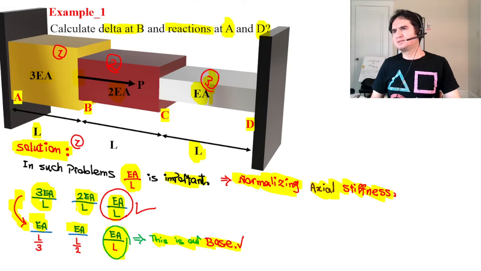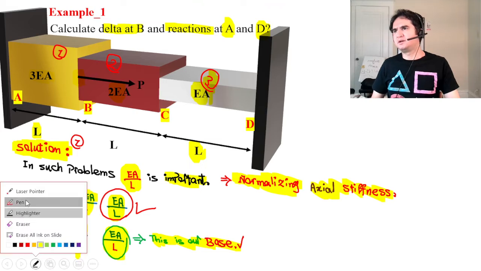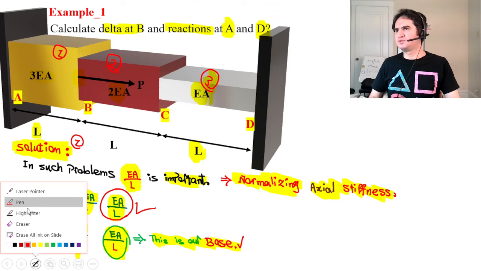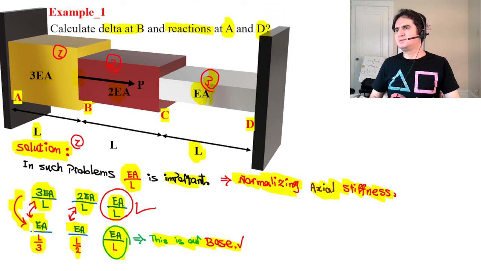In that case, you can rearrange 2 EA over L as EA over L over 2. They are identical to each other. Likewise, 3 EA over L is just EA over L over 3. So by this approach, we just normalize the numerator.